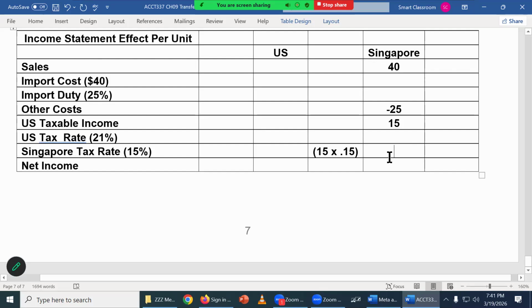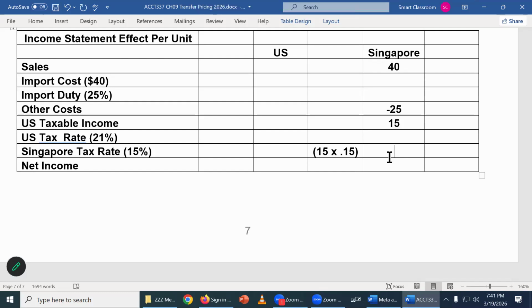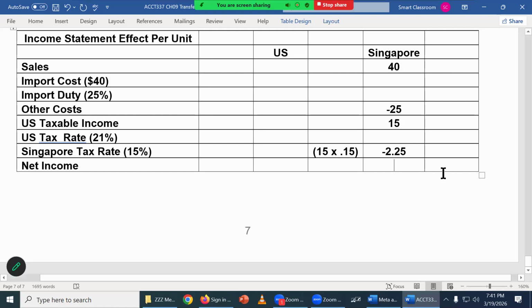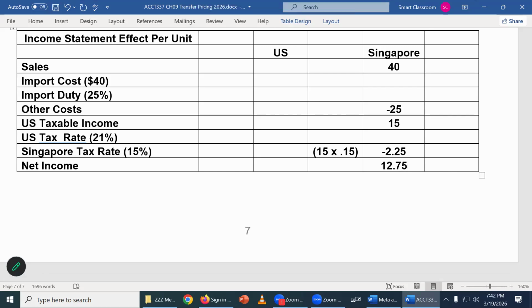My camera's in the way. I'm going to move camera A. Camera E being stubborn. Okay, so this is minus 2.25. Net income is what, 12.75? Make sure you guys check that. Even on a good day, you need to check it.